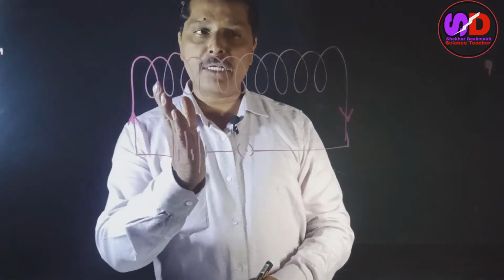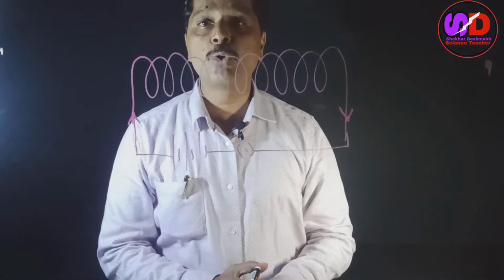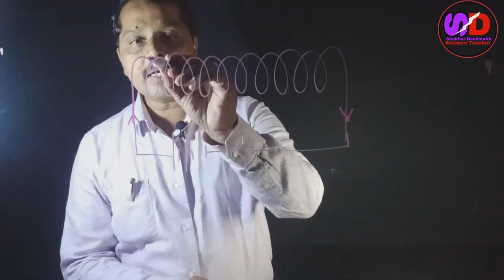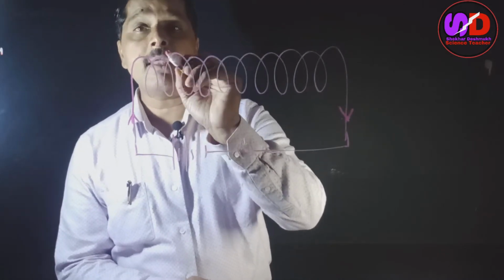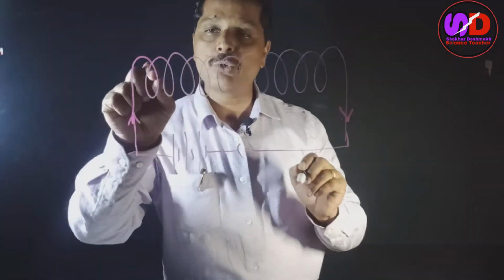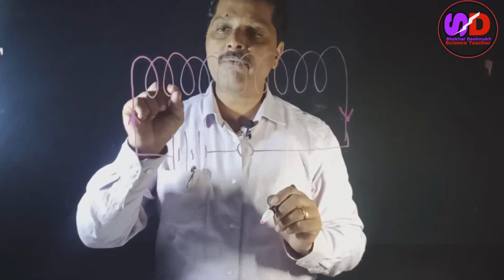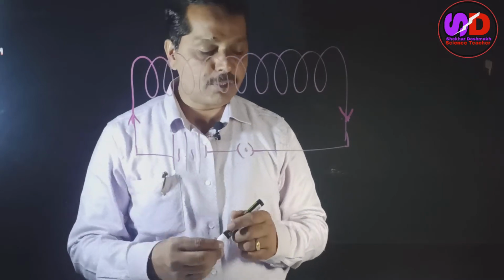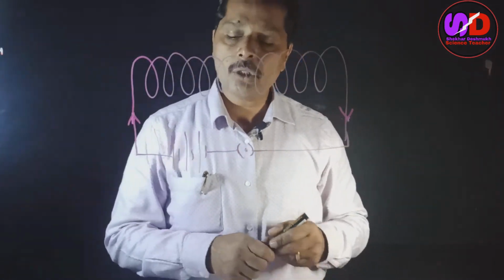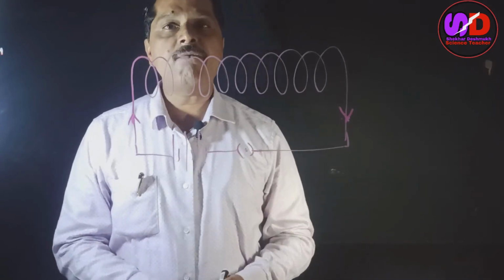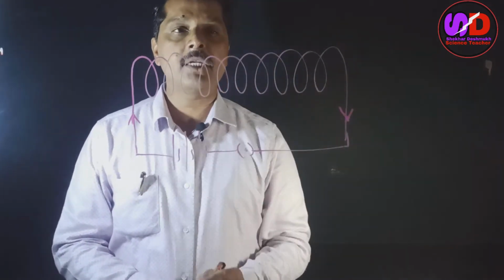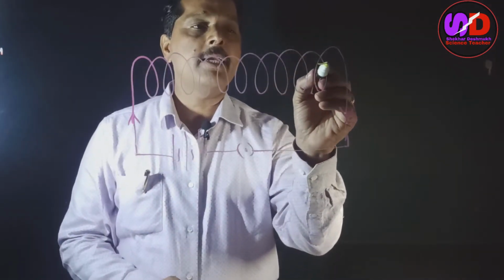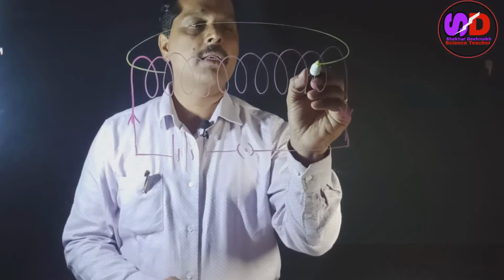Here also we are taking a number of loops, but the loops are in the form of a spring. Whenever the current flows in this direction, we can find the magnetic field produced at a particular point by using the rules that we know. So if the current flows in this direction, then the magnetic field produced by this solenoid is in this way.